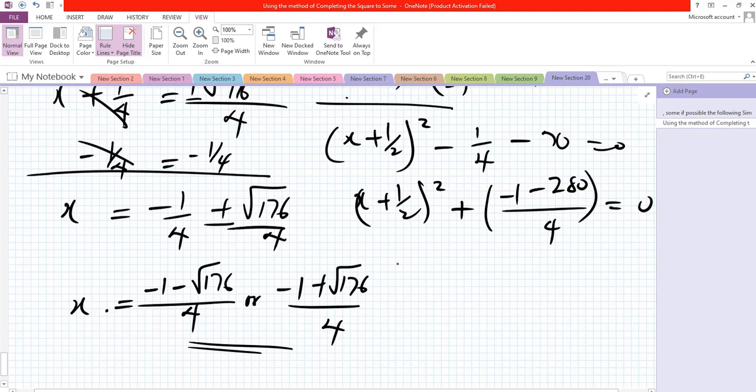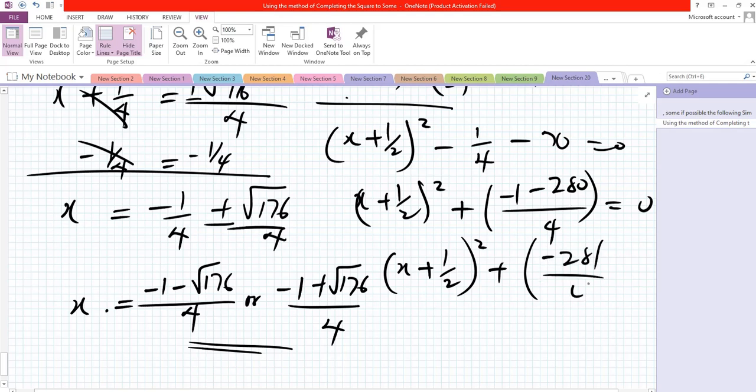So we have x plus 1 over 2 all squared plus bracket open, this will be minus 281 all over 4, because minus 1 minus 280 will give you minus 281.